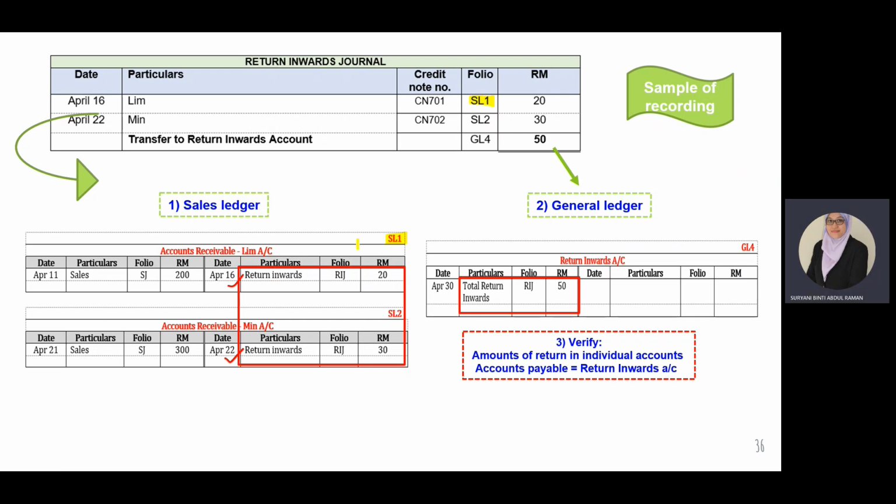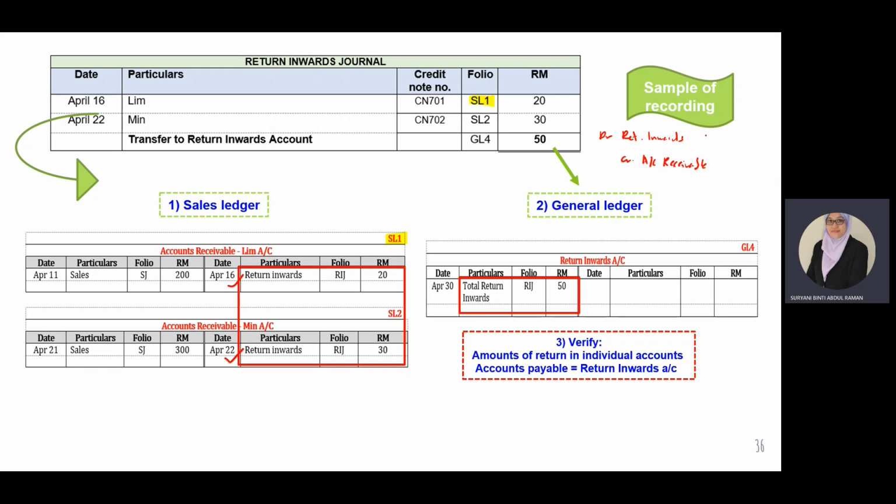So how do we decide the debit and credit? You have to remember the double entry of this transaction. When there is a return inward, you have to reduce the debt of your customer. So what you need to do is debit the return inwards account and credit the accounts receivable to reduce the debt due to the return.